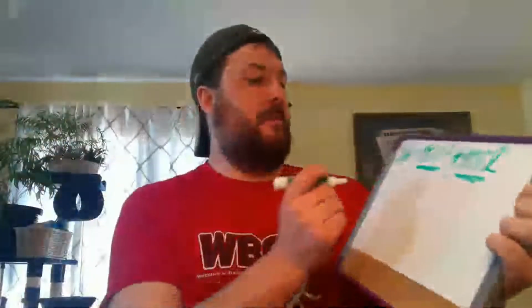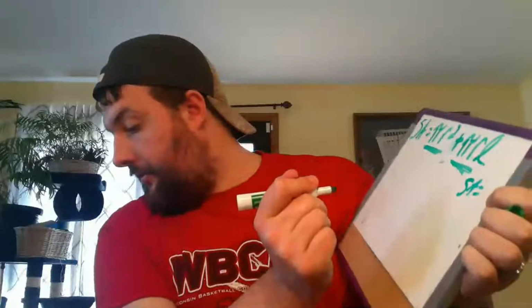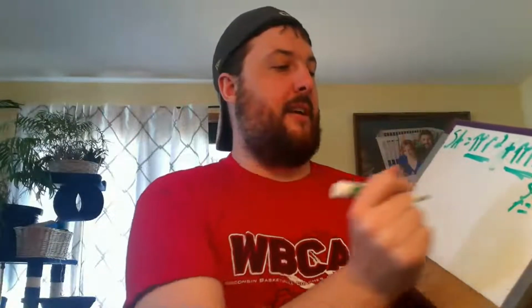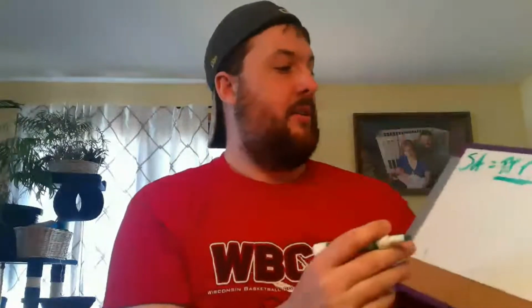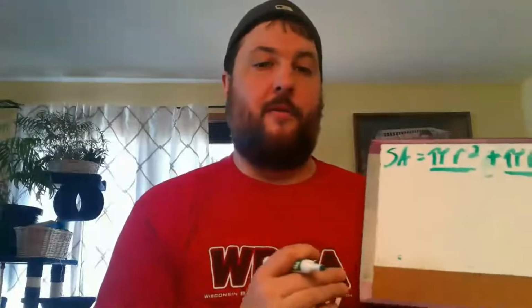We're given that the surface area is 450, the radius is 7, and we're going to use 3.14 for pi.